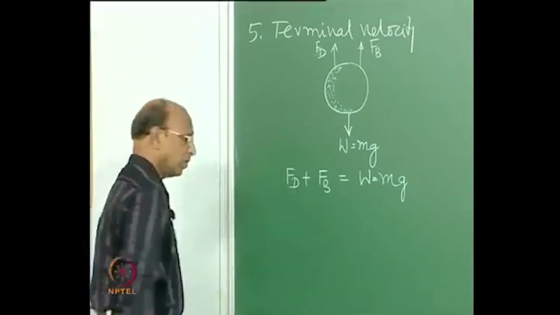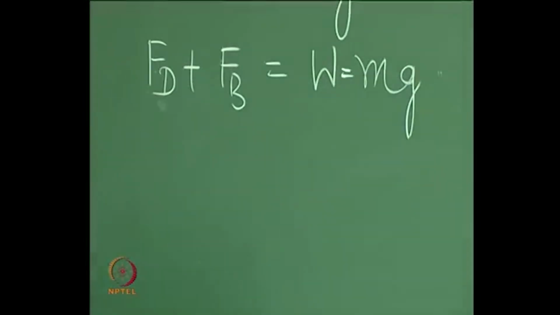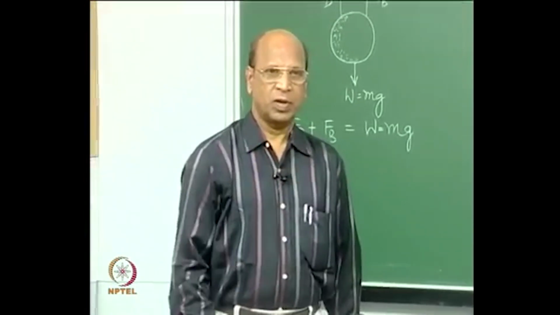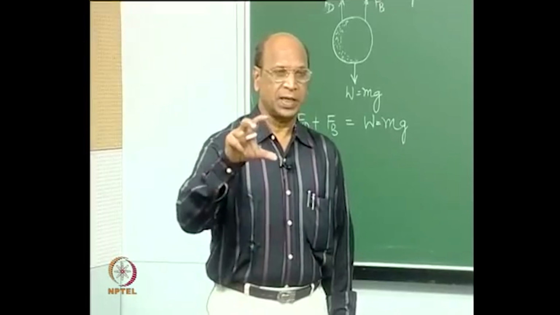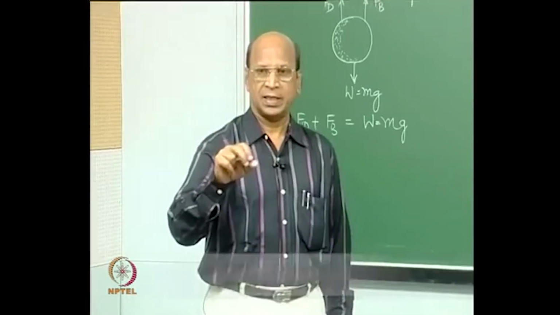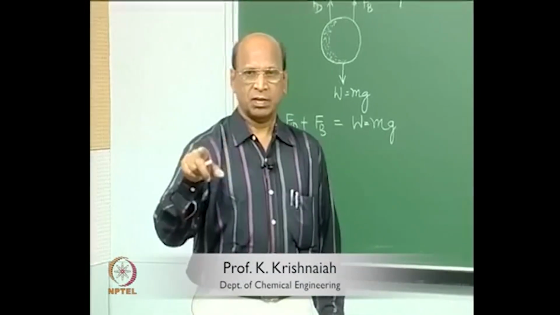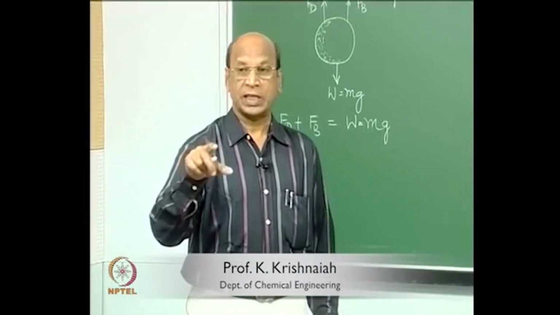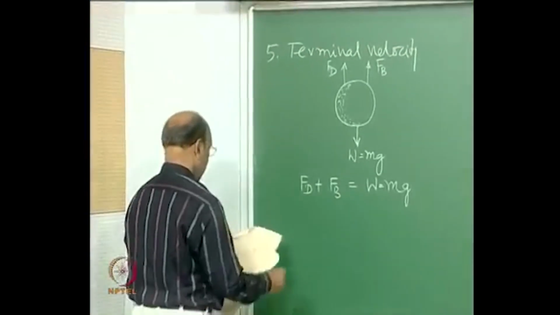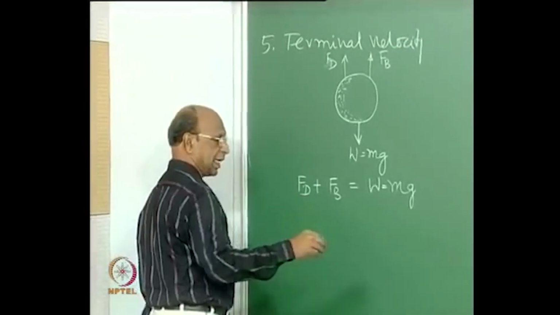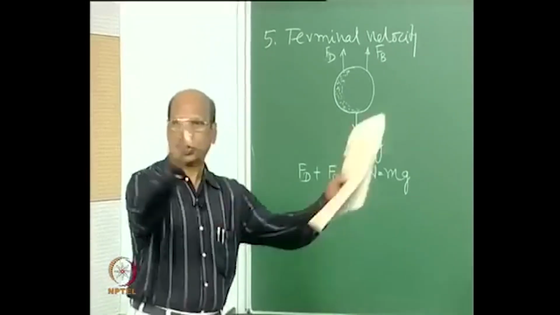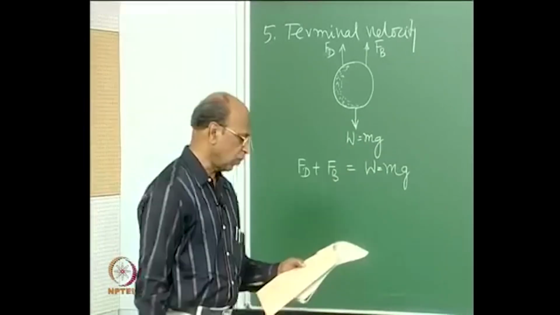The drag force is nothing but half rho ut square multiplied by the drag coefficient and the projected area. So, drag force is directly proportional to the area. More the area, more the drag force. That is very simple.